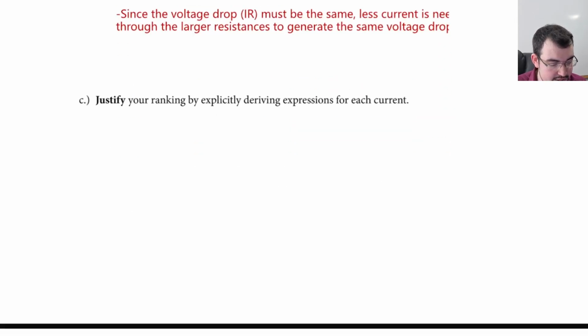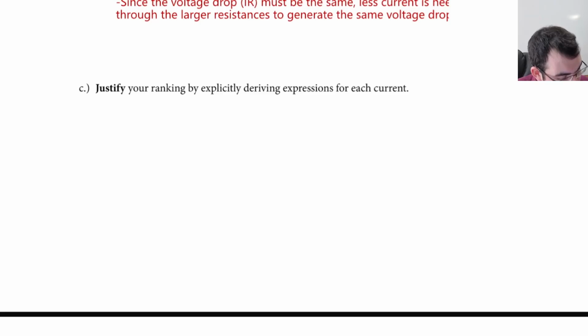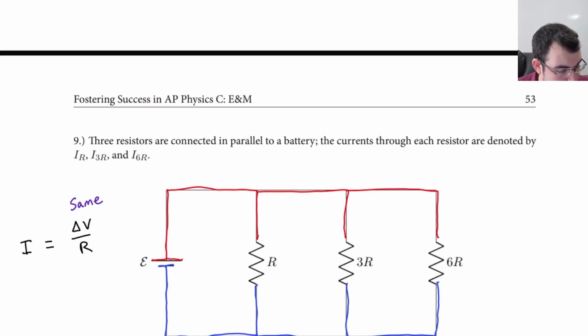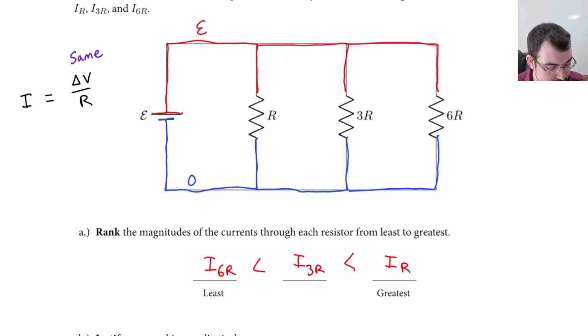And of course, we can explicitly find each current because we know that in each of these cases, our delta V is equal to the battery voltage epsilon, right? Because if we go here, you are at 0 volts and you are at epsilon volts. So our delta V goes from epsilon to 0 across each resistor.